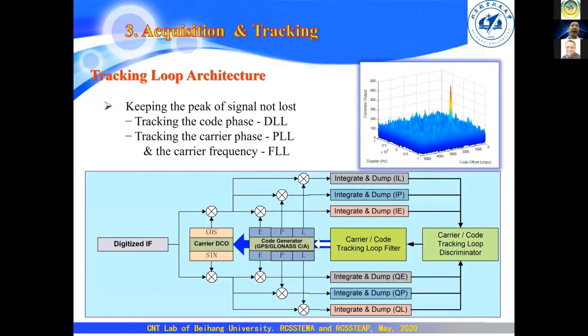The purpose of the tracking loop is to keep the signal from being lost. We need to track the code phase by the DLL, and keep up with the carrier frequency and carrier phase by the phase lock loop and frequency lock loop. These are the tracking loops.